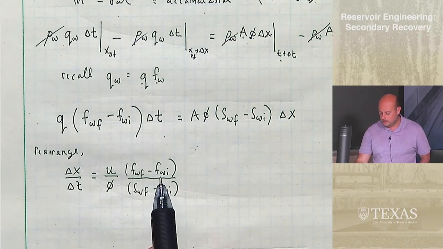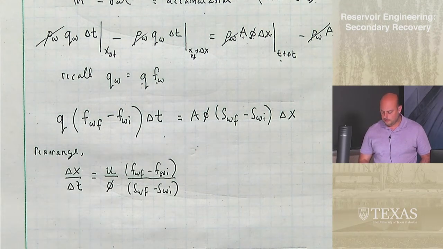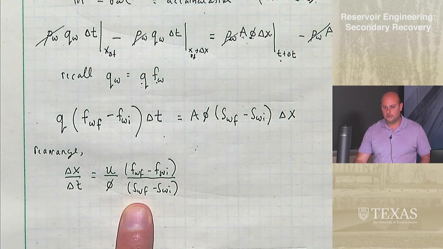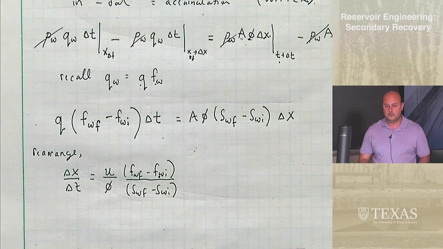If that's residual or irreducible water saturation, then that will be 0, and for the purposes of this derivation, I'll probably assume that that's the case. SWF is the water saturation at the front. Remember, that's what we want to solve for. SWI is the initial water saturation, which may be equal to the irreducible water saturation.